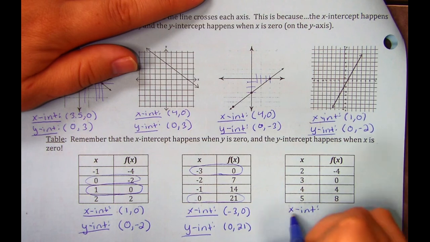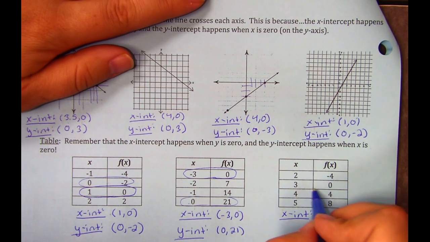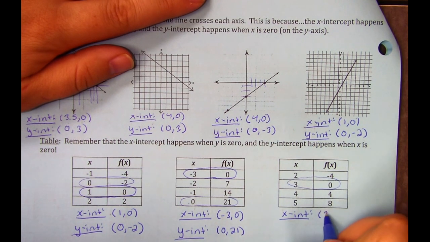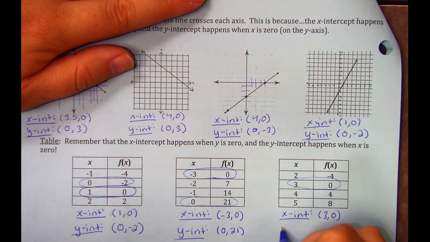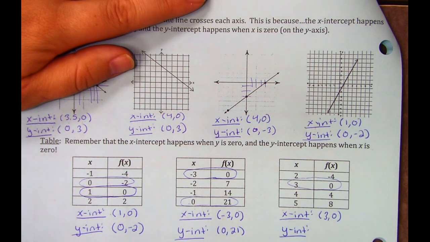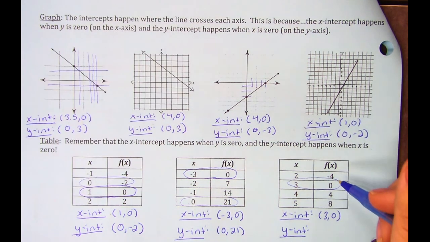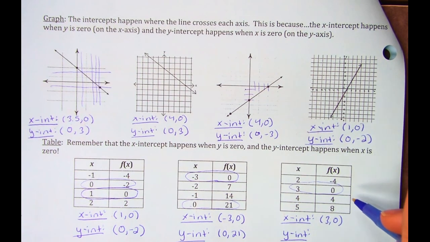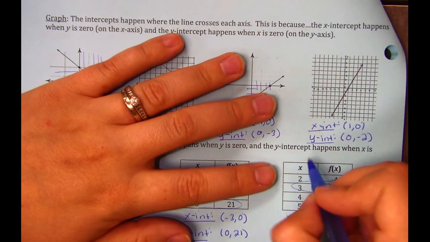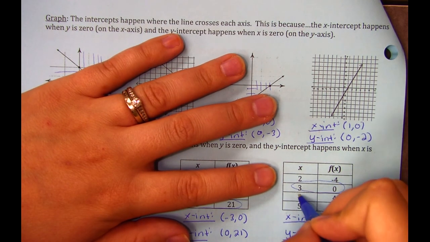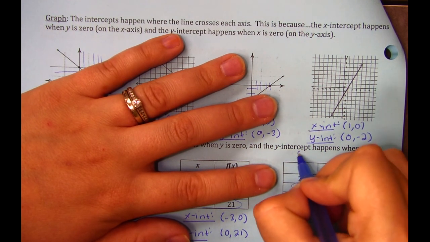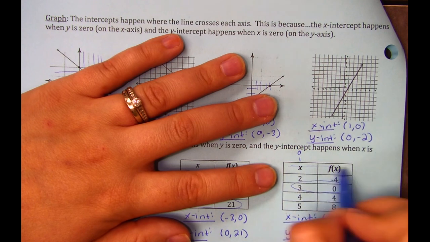Over here, the x-intercept happens when y is 0, so that is at 3, 0. And the y-intercept happens when x is 0, but wait, there is no x. So what we need to do is continue the pattern. So if you go 5, 4, 3, 2, 1, 0, we just keep that going.